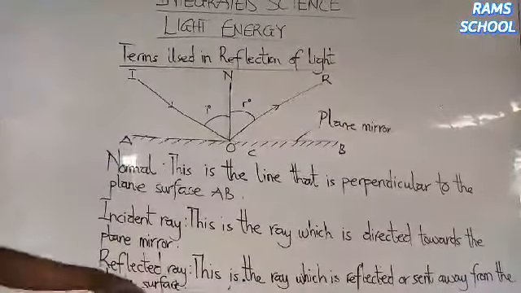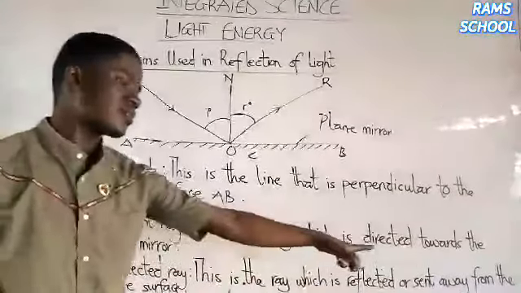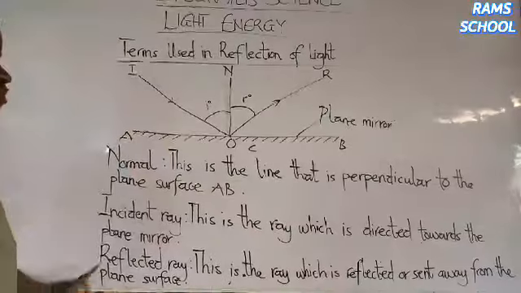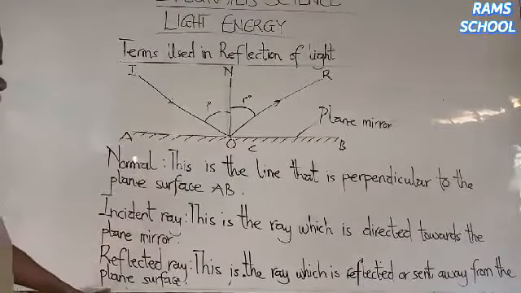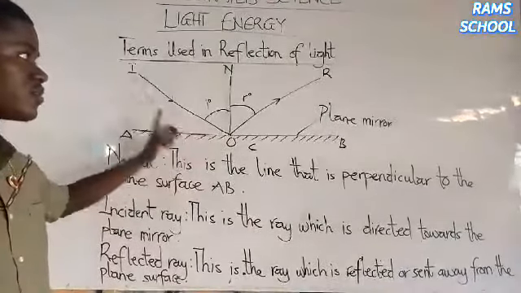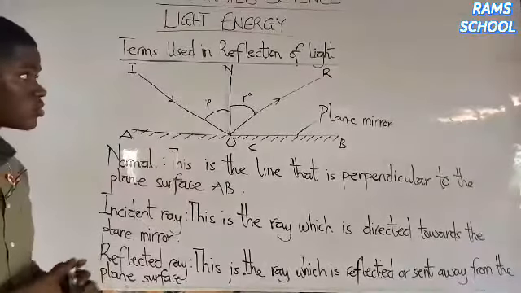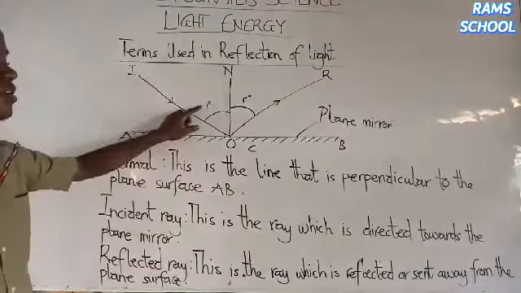So the reflected ray reflects or sends away the ray from the plane surface. It bounces off the light rays. Okay, so let's move on to the angle of incidence.